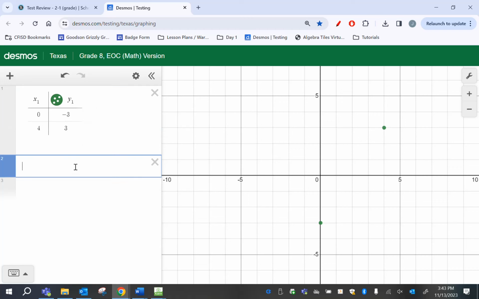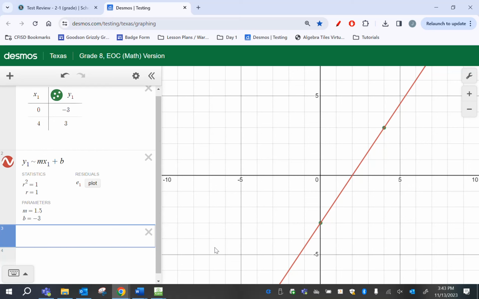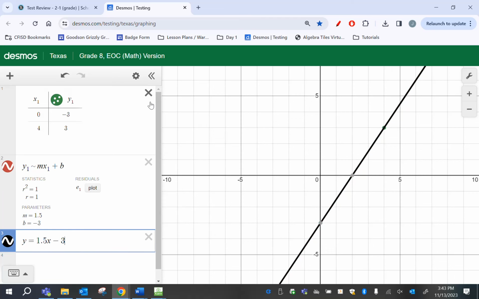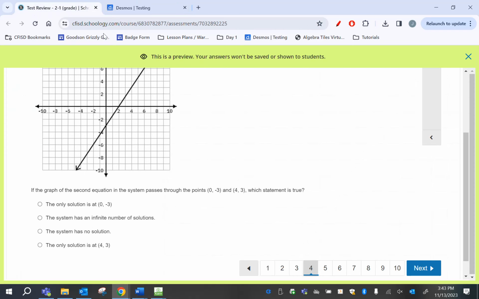And then do a linear regression, it's the easiest way at least, to find your slope and your y-intercept. So my slope is 1.5, my y-intercept is -3. And now I have the equation for the second line.